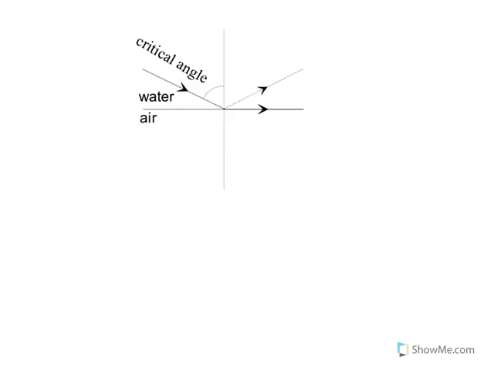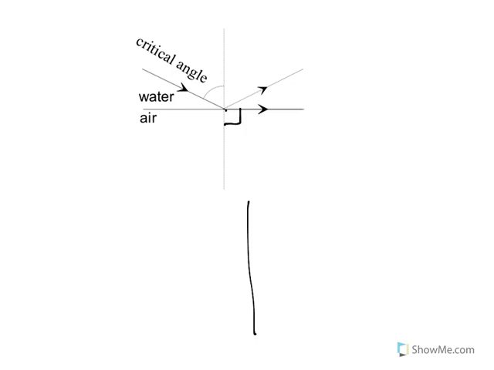Alright, so here's the critical angle, that middle diagram. This is where the angle of refraction is 90 degrees, it bends along there. So I'll put a line down the middle here.